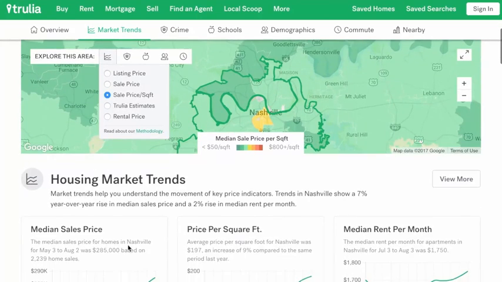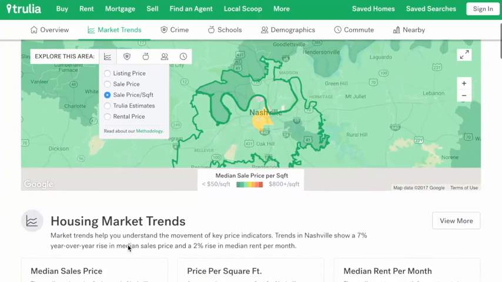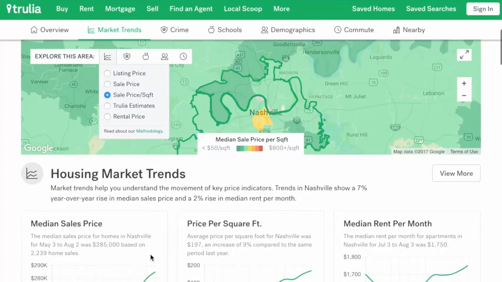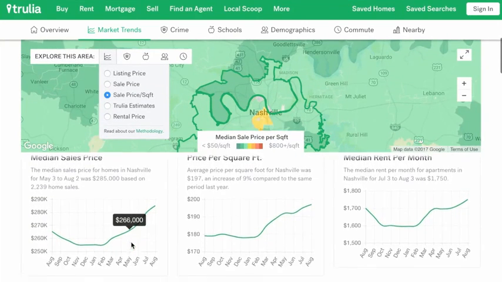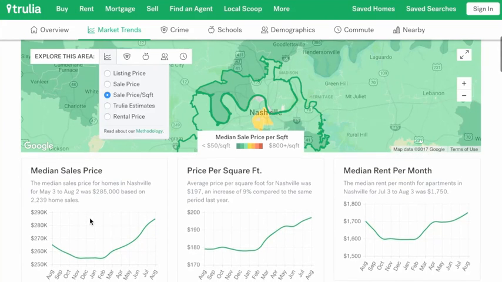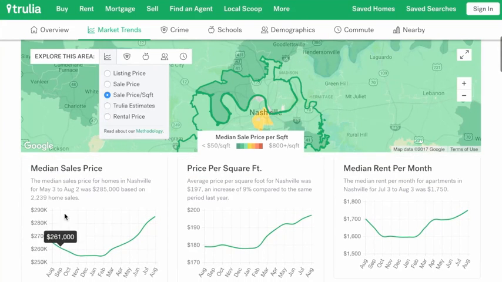Okay, so let's scroll down here and look at a couple of these other trends. So let's see here, housing trends. So you can see here, look at this. This is kind of a good one, sales price. So you can see here a year ago, it gives us a 12-month rolling average. So you can see here what's happened in the past 12 months.